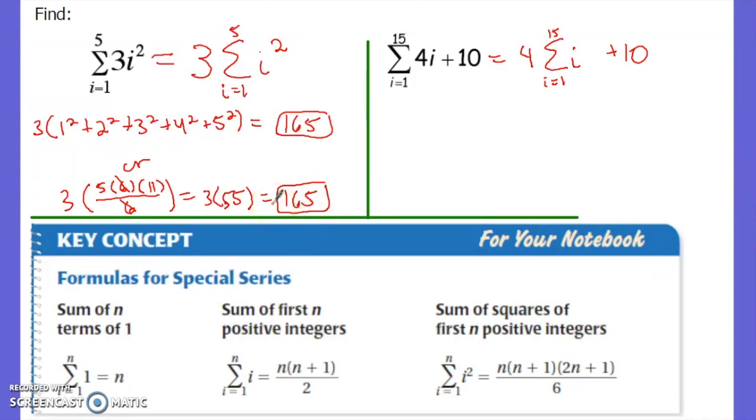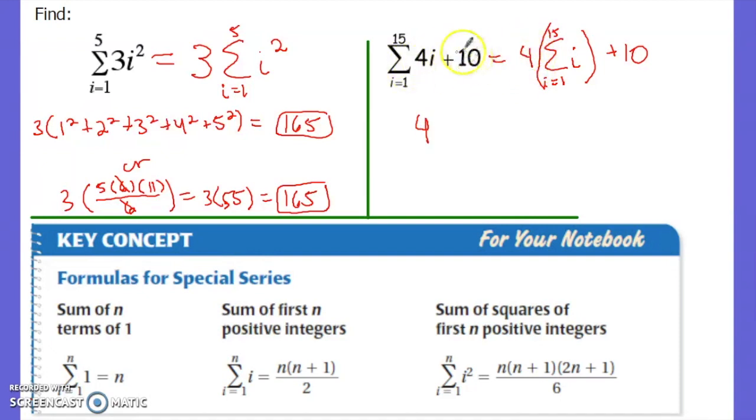Now, we didn't really need it. Notice it was just as fast to do it the other way around. With just 5 terms, you can do that one either way. However, on the right side, like we said, we don't really want to find 15 terms. So as long as this is just the sum of i to the first, we can use that middle formula from down below. So I'm going to pull out the 4, like we already did with the 3.